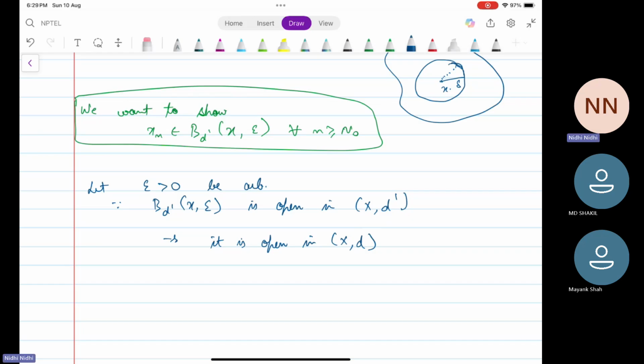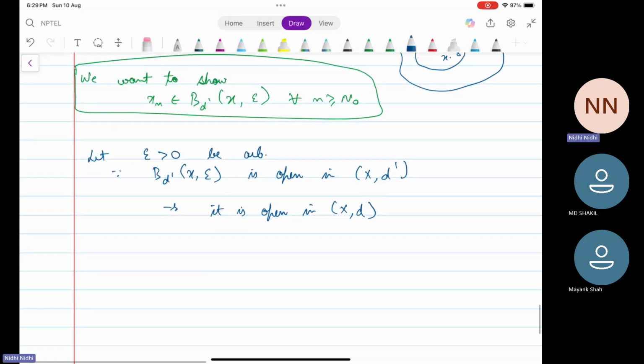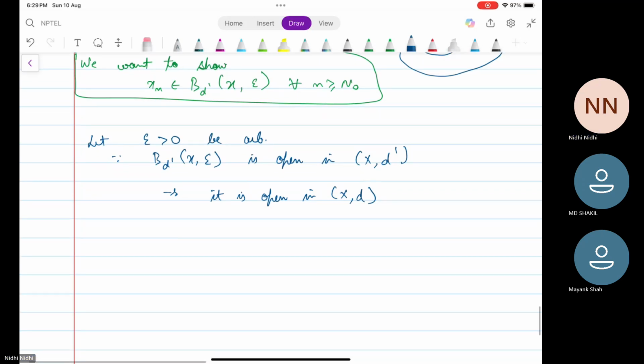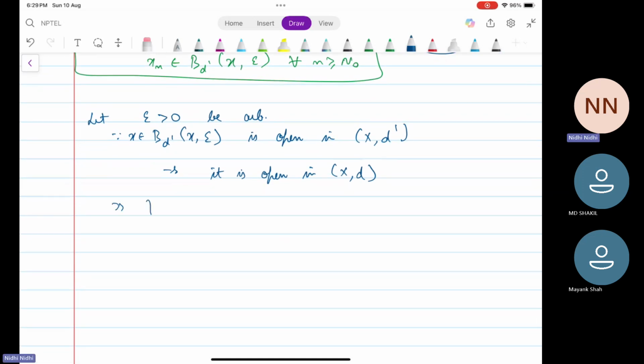Now, since this is open and x belongs to this set, obviously x belongs to B_d'(x, epsilon). That means there exists some delta positive such that x belongs to a ball around x in d, because it is open in (X,d), which is contained in the set B_d'(x, epsilon).